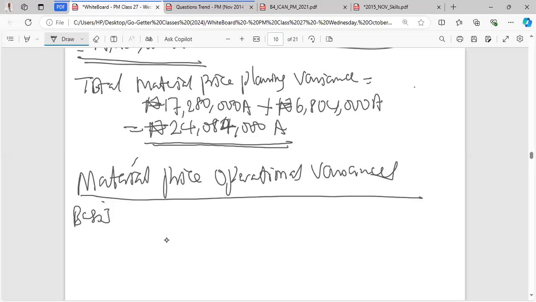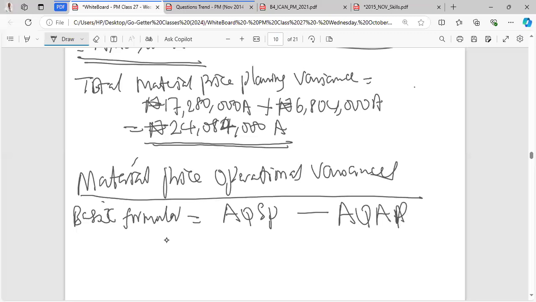By now, you should be knowing the basic formula of direct material price. The basic formula is actual quantity standard price minus actual quantity actual price.